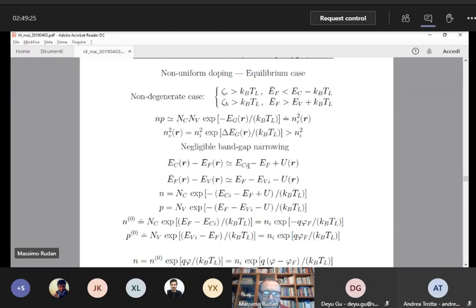EC minus EF bar is equal to EC minus EF plus U in this slide. Similarly, EF bar minus EV can be written as EF minus EV minus U, inserting that into the exponents.